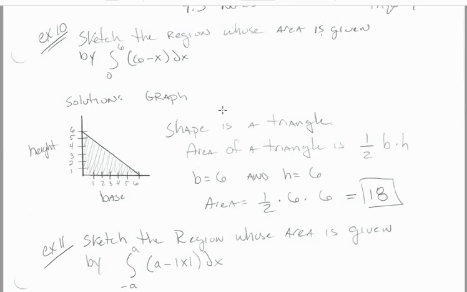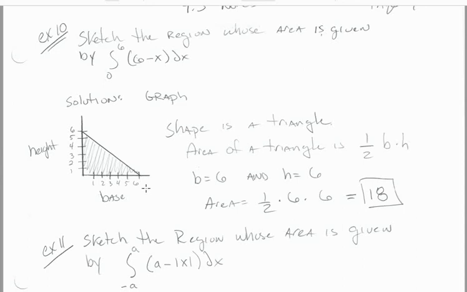If we look at example 10, we have to actually sketch the region. We're given the integral from 0 to 6 of 6 minus x dx. So to do the solution, the first thing is we should probably graph it. So from 0 to 6, and then we graph the equation. The graph looks like this. And it's restricted on the x-axis from 0 to 6 and by this equation.